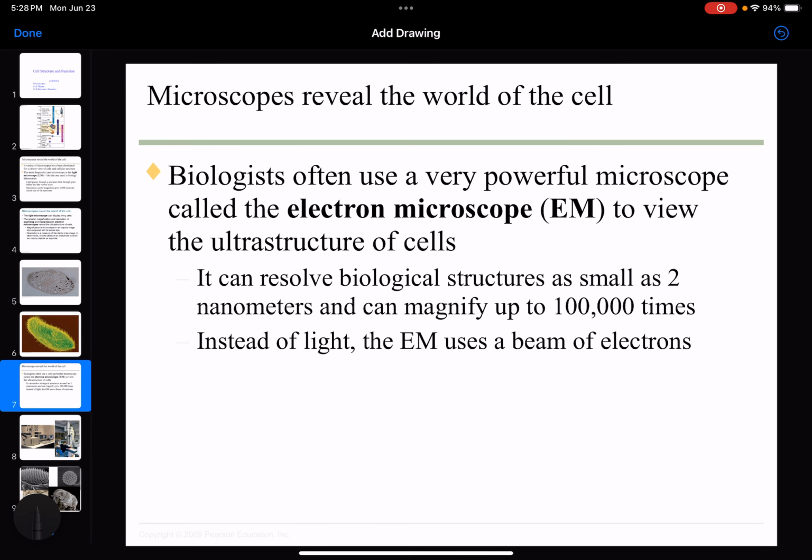Okay, the electron microscope, on the other hand, is powerful. It magnifies 100,000 times. So what can I do to help you understand the reason for this? Okay, when we talk about energy, a physics concept, energy travels in waves. And when light is used as energy, let's say that this is the specimen we want to look at.